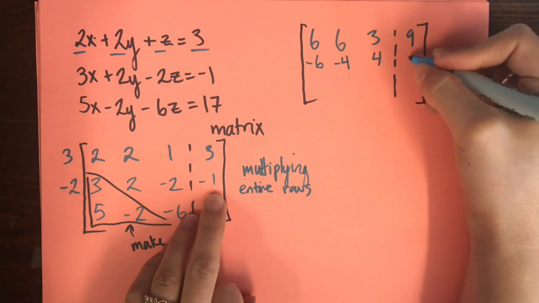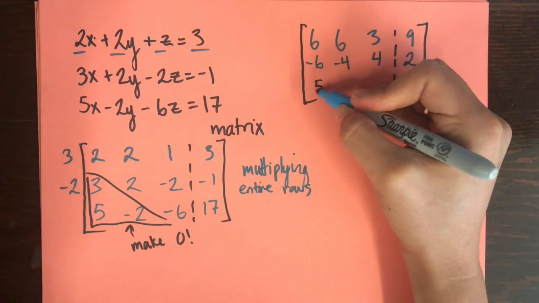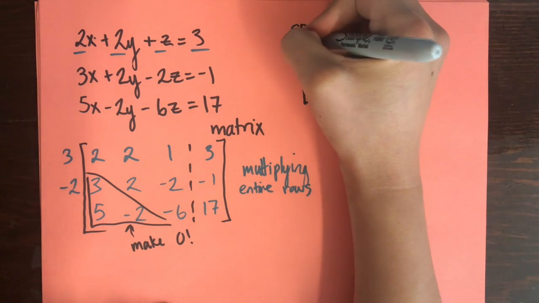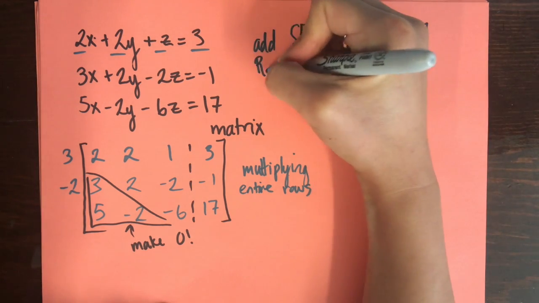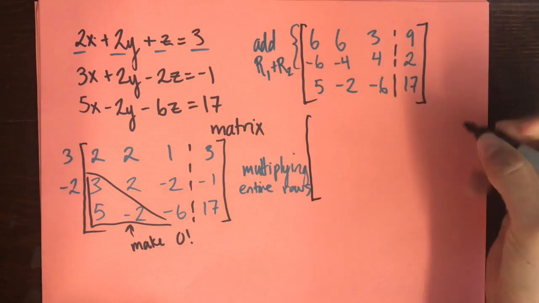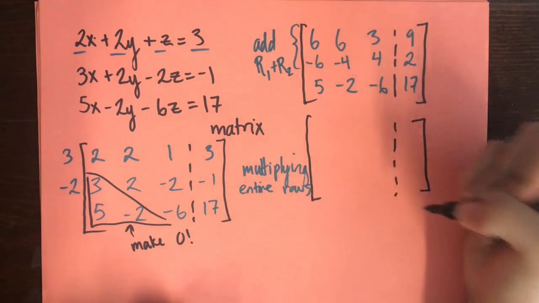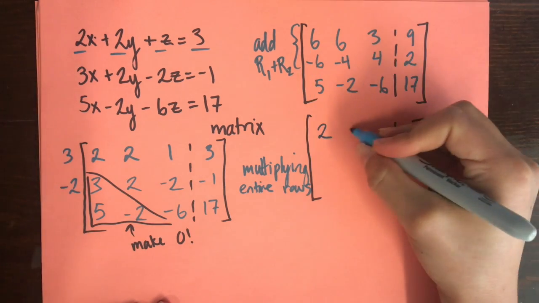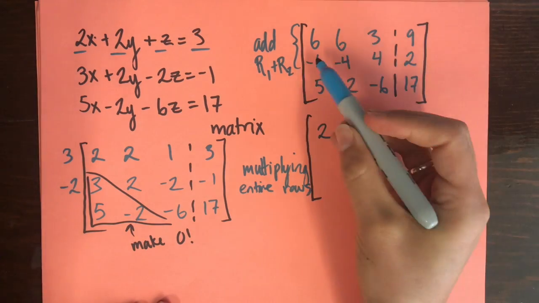So what this is allowing me to do is that if I add these two rows together, row 1 and row 2, then the 6 and the negative 6 are going to cancel. So I'm going to replace the middle row with the result of adding row 1 and row 2. And I'm also going to change row 1 back into its original form with 2, 2, 1, and 3.